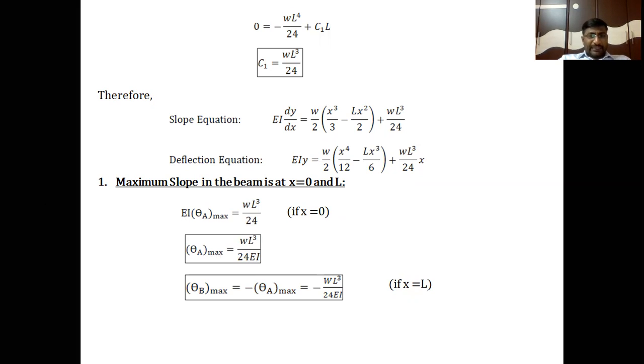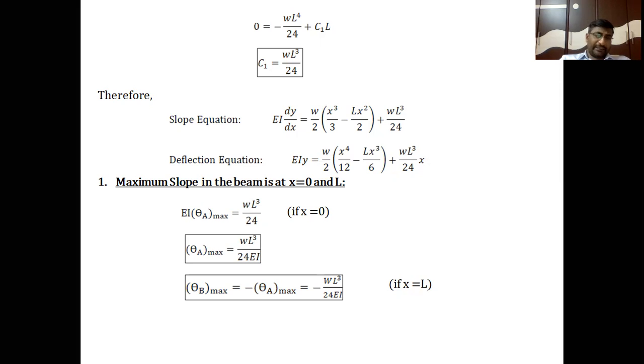Similarly, by symmetry of the diagram, we can say that theta B max is equal to minus theta A max. Magnitude wise both are the same, but direction wise it is opposite. The slope at point B is maximum and negative, minus theta A maximum.